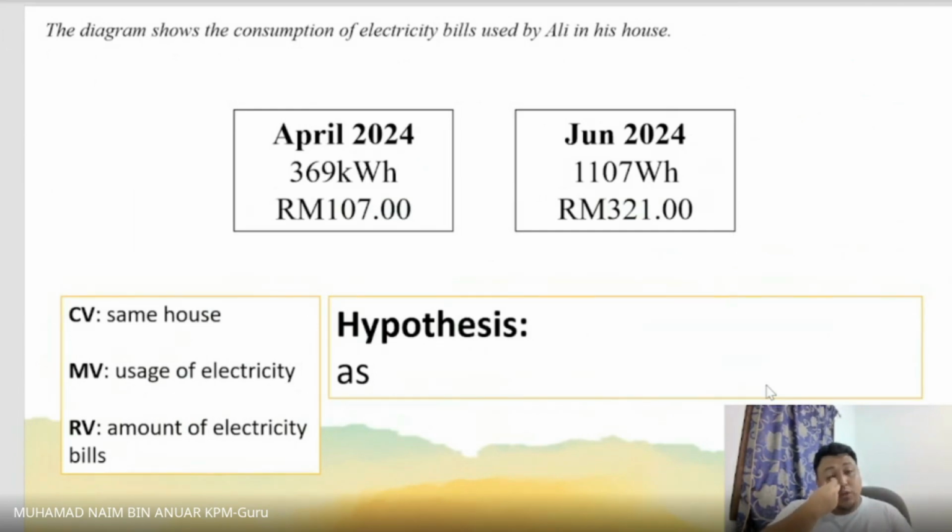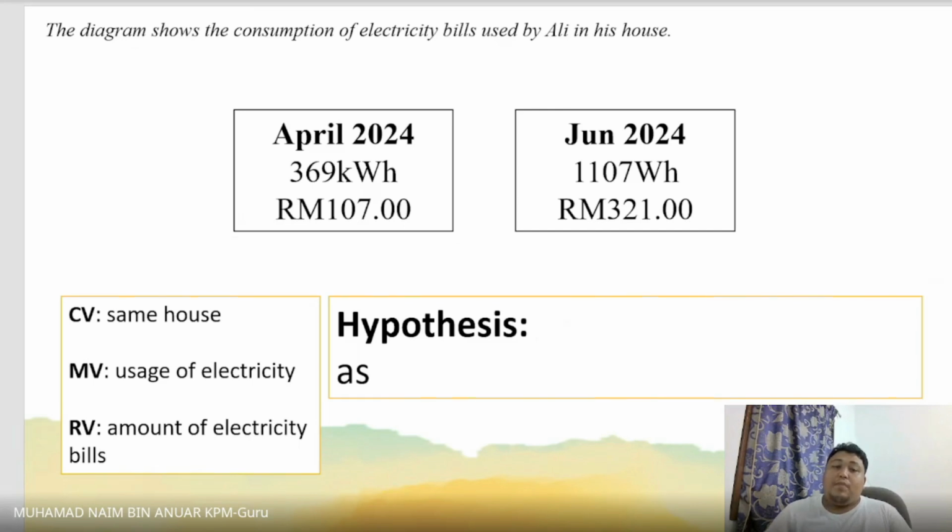The diagram shows consumption of electrical bills used by Ali in the house. What topic is this? Put it in the comment. Yes, correct. Energy. Good.